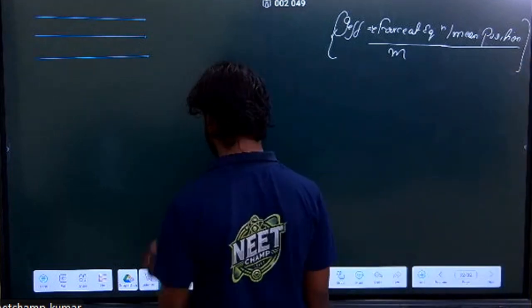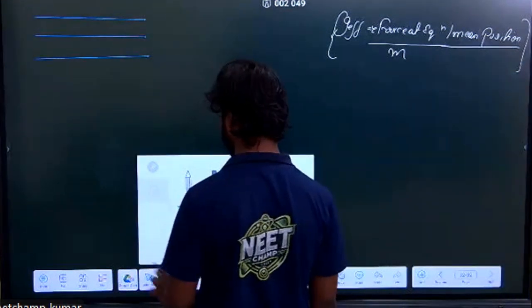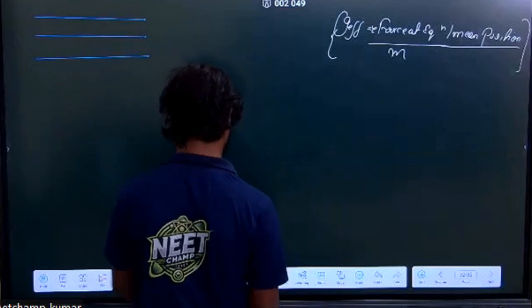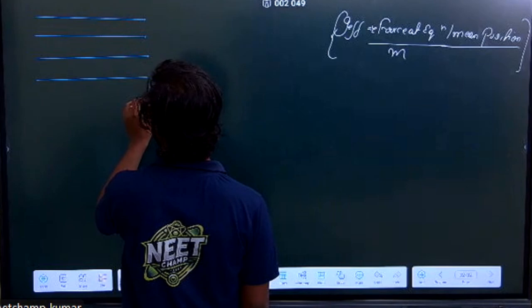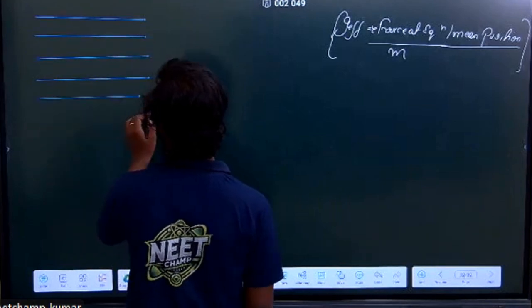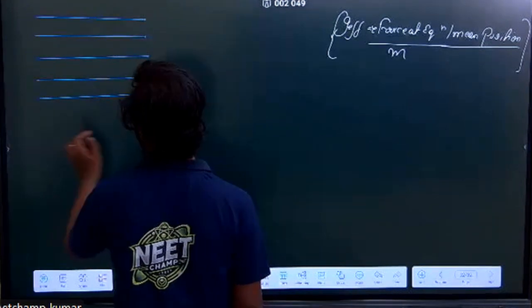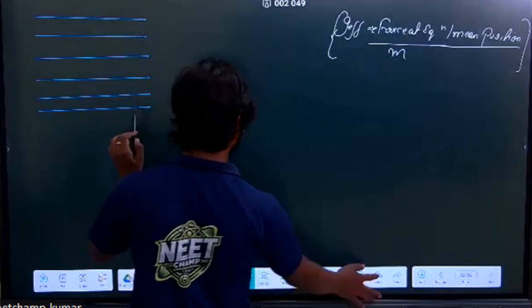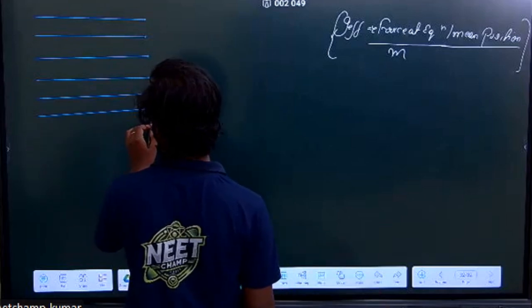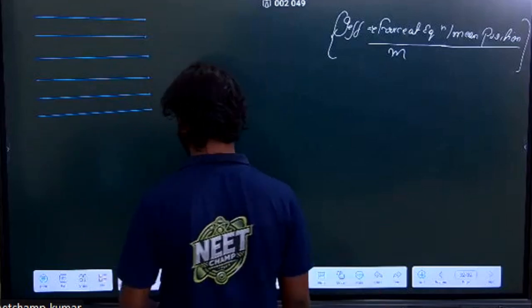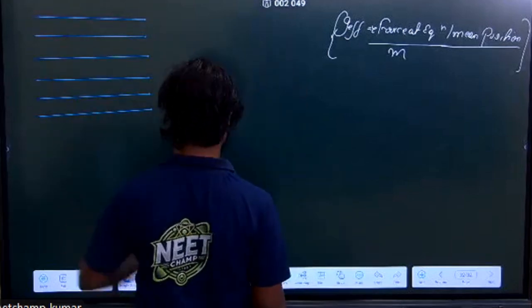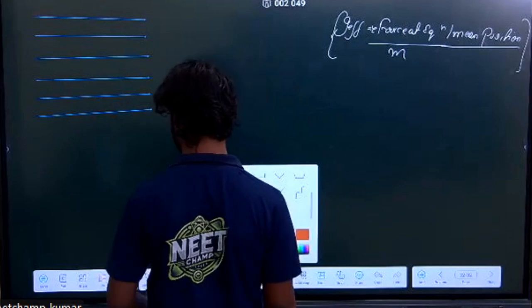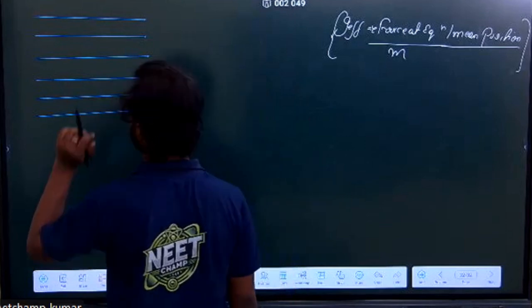So what I am trying to say, suppose this is an example. Let me draw the electric field lines. Uniform electric field lines are there. And I have given you one pendulum.